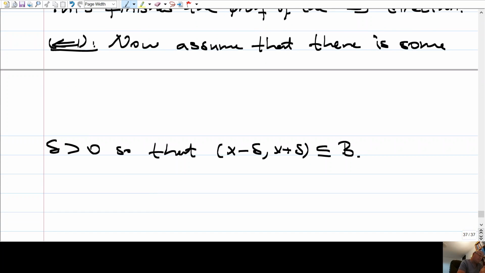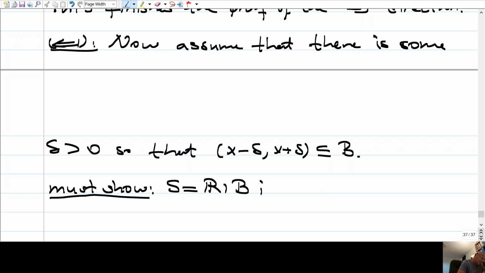I have to prove that B is open, right? In other words, we have to prove that complement of B is closed. So we must show, let me write it here, that S, which is R minus B, is closed.